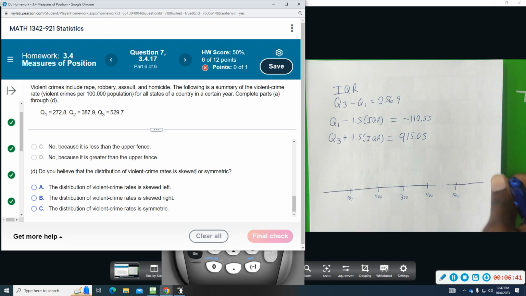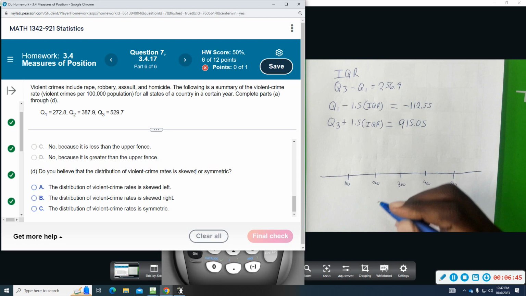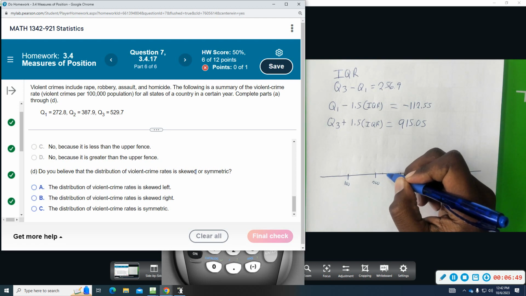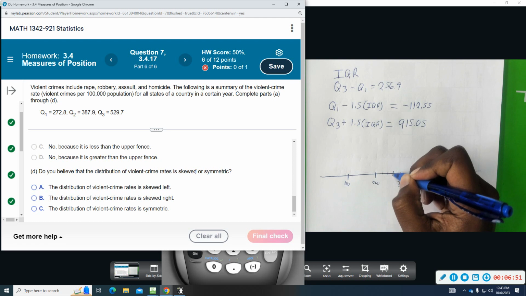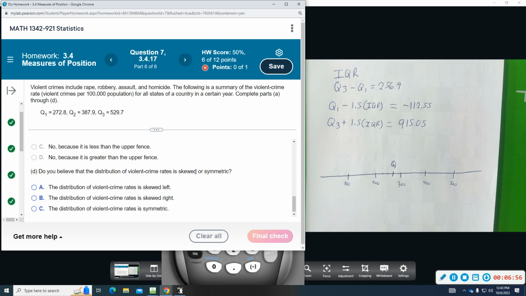You can really just subtract the numbers, but I'm going to do it based on the scale. So the Q1, the 270, would be about right here. This would be Q1. We can see how spread out they are.